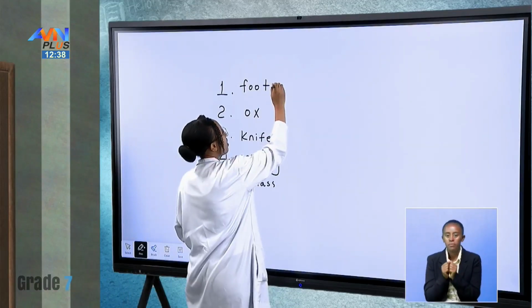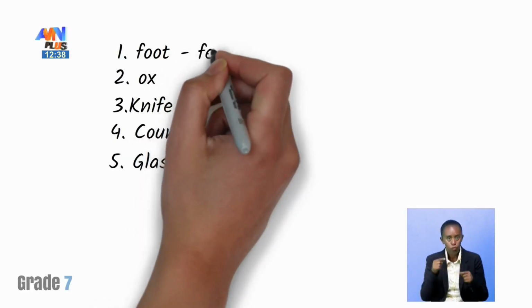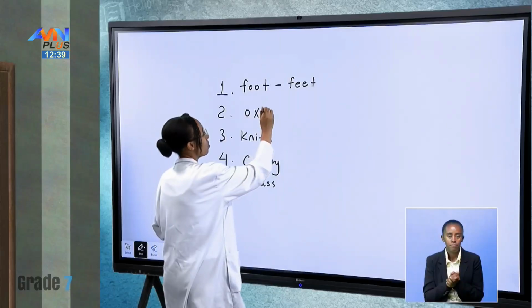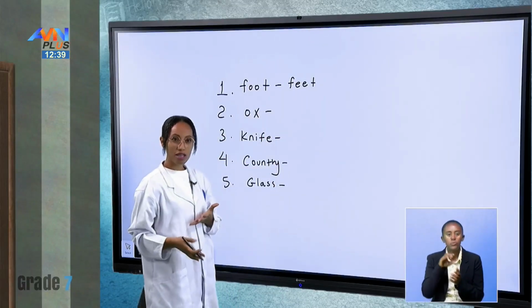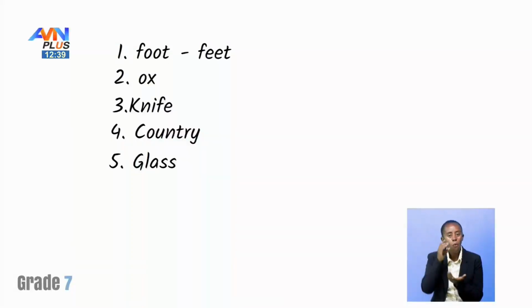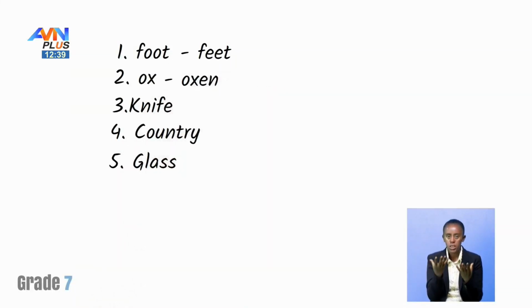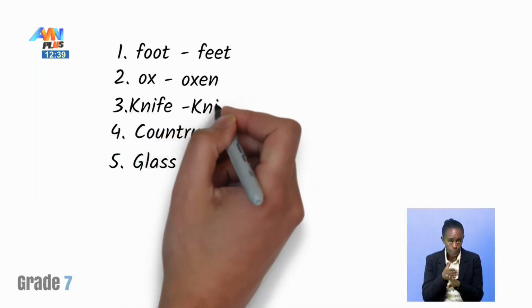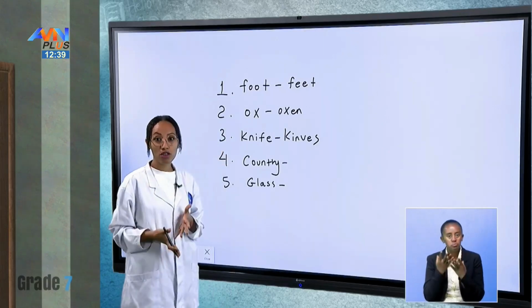The first one is foot to feet. That is how we change it. What about ox? Ox becomes oxen. What about knife? Knife becomes knives. What about country?